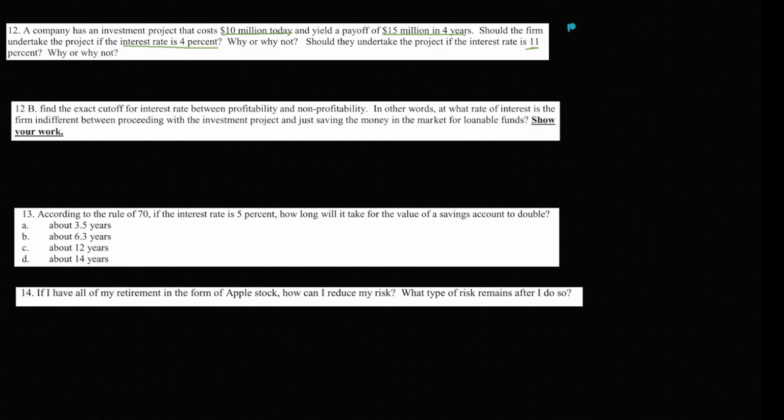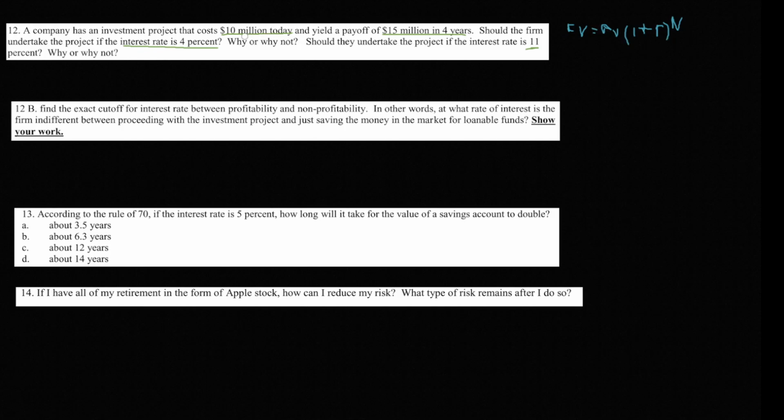We have future value. Future value is equal to present value times 1 plus rate to the number of years. And let's solve for present value.